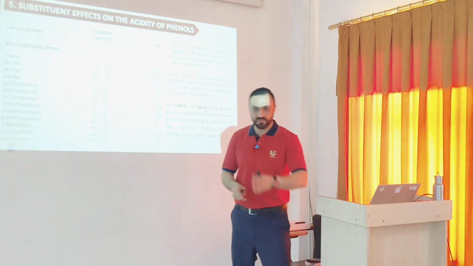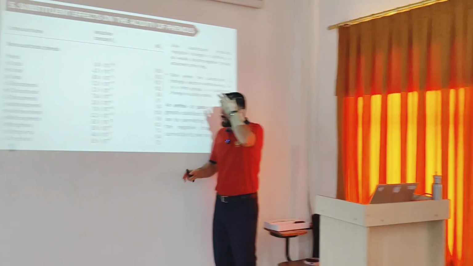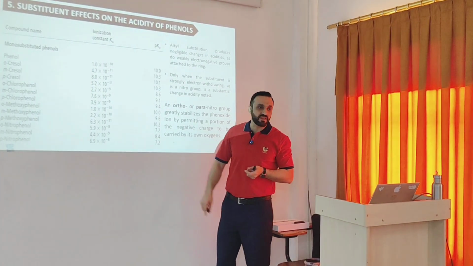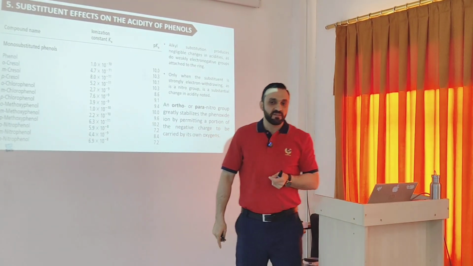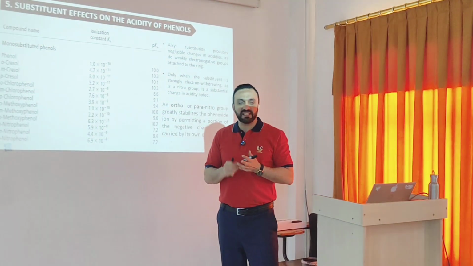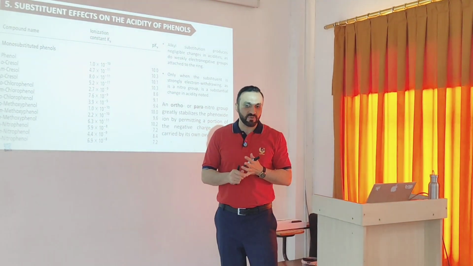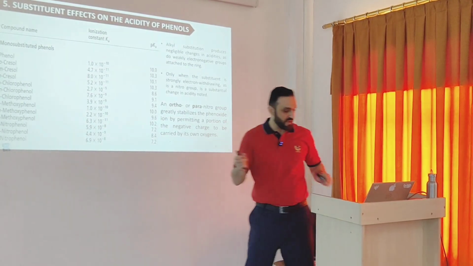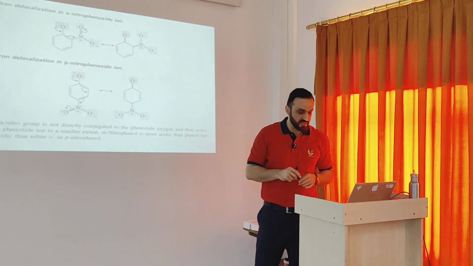If I give you a question in your exam: why is the ortho and para nitrophenol derivative more acidic than meta? Yes, all of them have a negative charge, but here the stability of the conjugate base is because of resonance. You have to write the resonance structure.